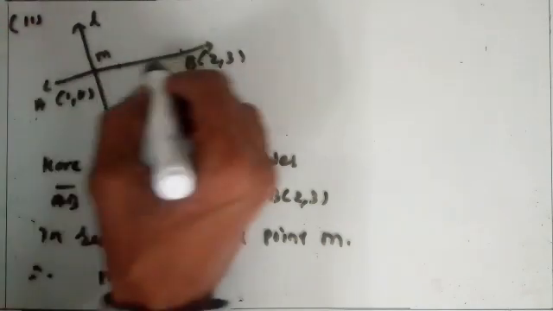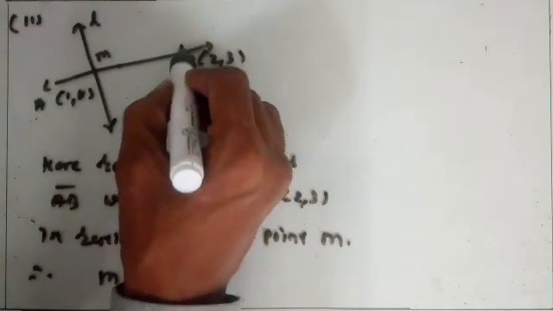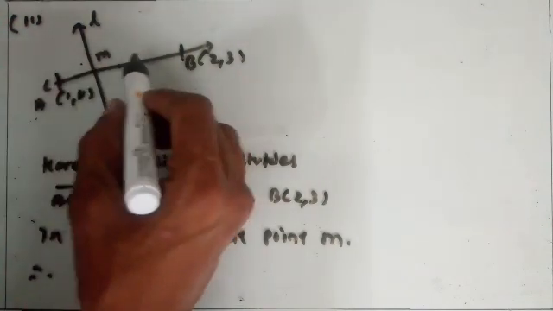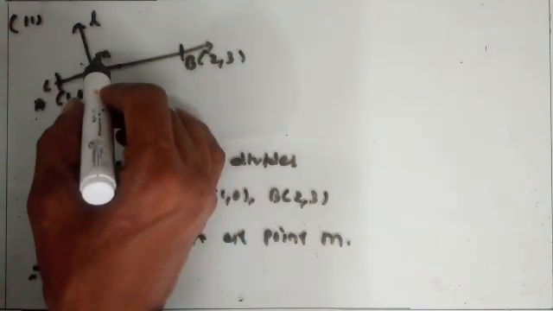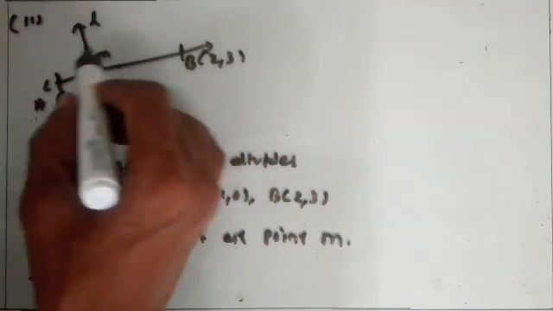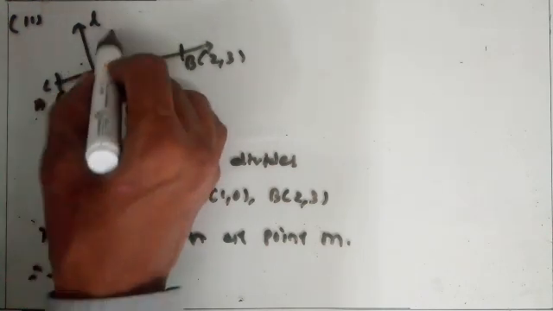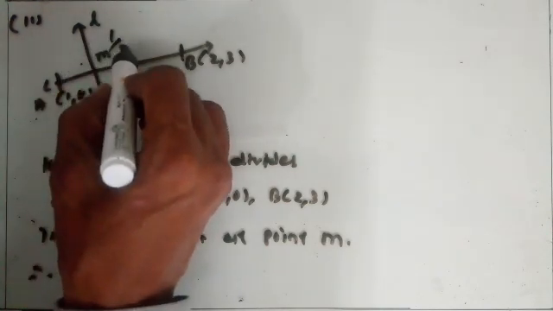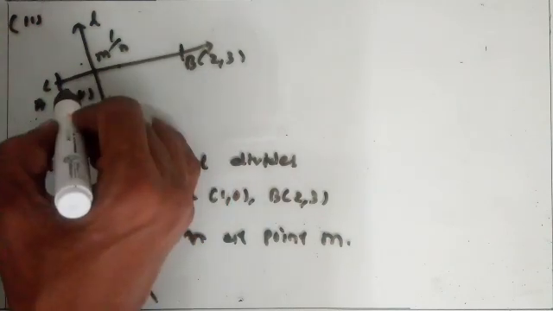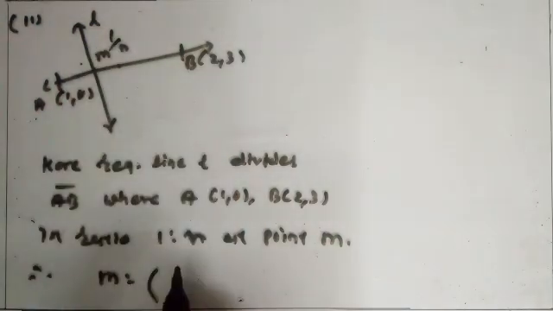So the coordinates of the dividing point M are equal to (1 into 2 plus n into 1) upon (1 plus n).